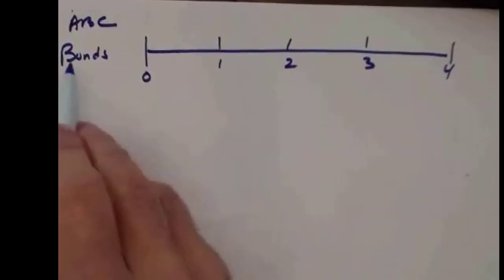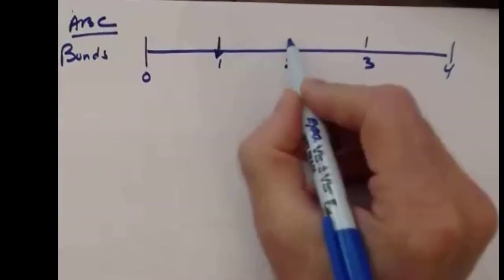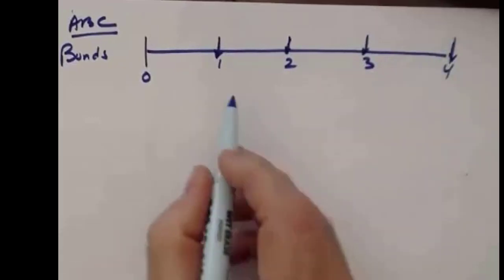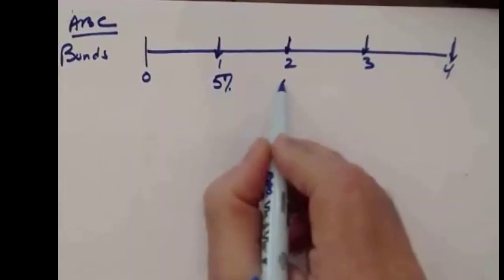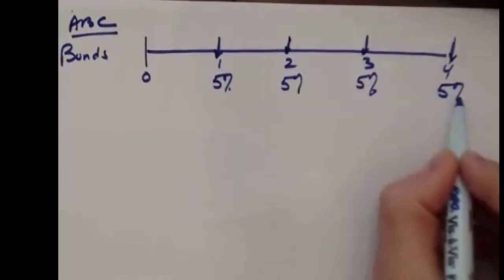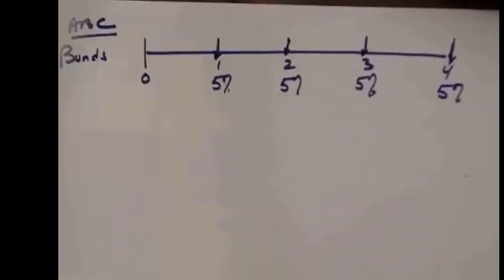And so these are outstanding bonds ABC has outstanding to its bondholders, and it pays. So I put the down arrow. It's paying to its bondholders. It's going to pay 5%, 5%, 5%, and 5%. That matches up with this 5% that it's paying to its bondholders.